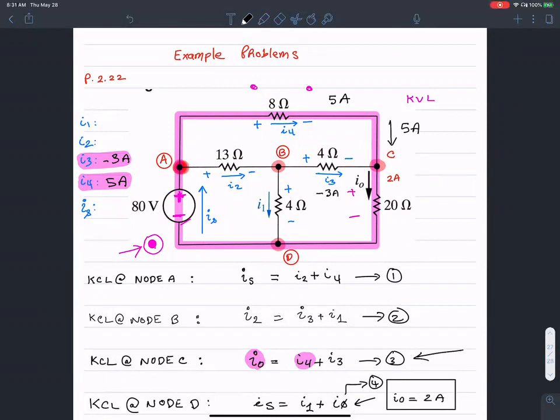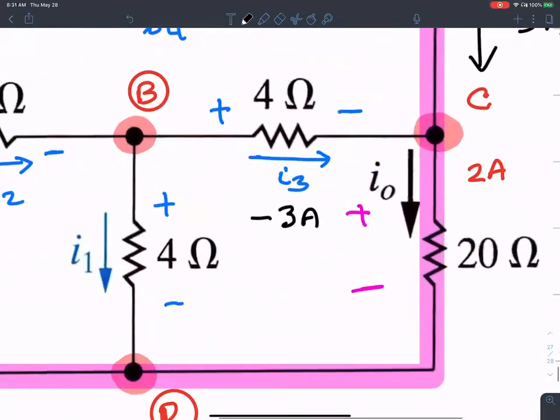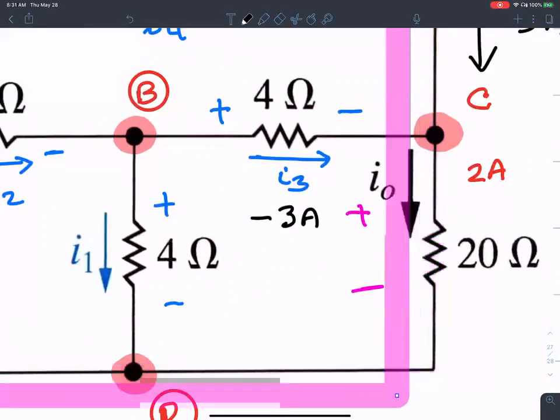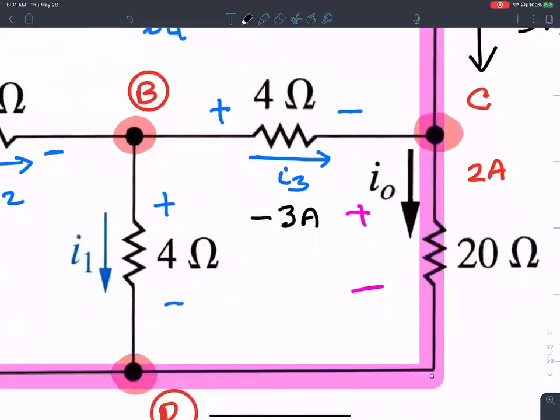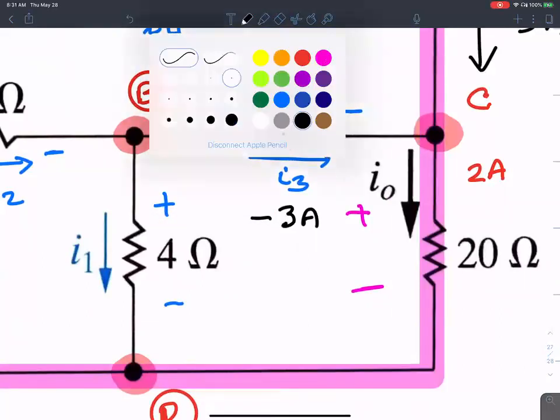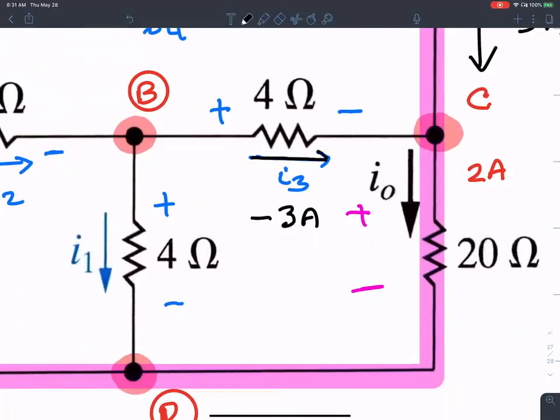So you see, something interesting happened here. The reason that I ended up with a negative value here is because I assumed the current to be flowing in this direction. So what this result -3 is telling me is, no worries that you assumed the direction of current to be in that fashion, I'm just going to throw out a negative number.